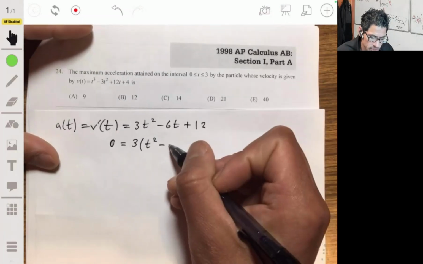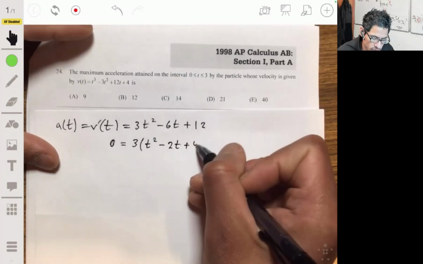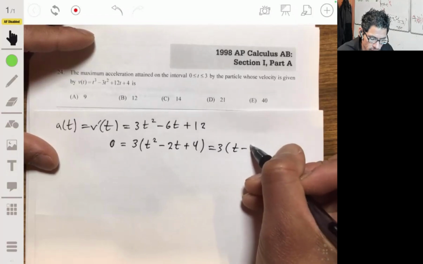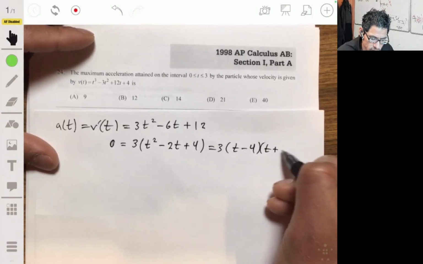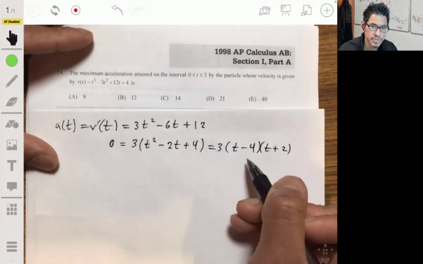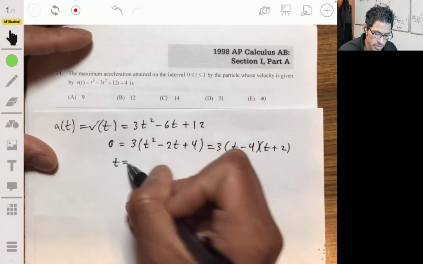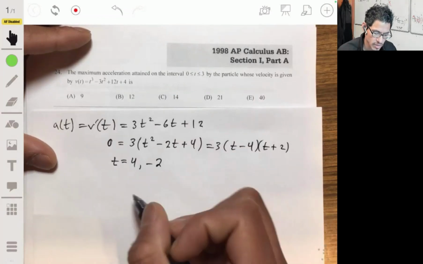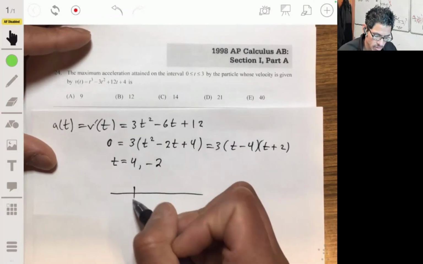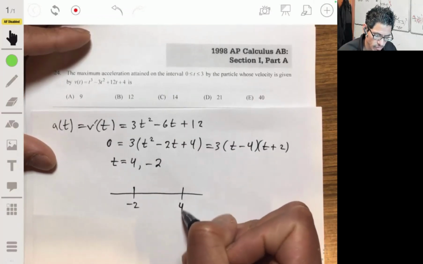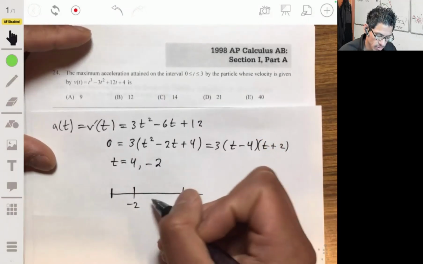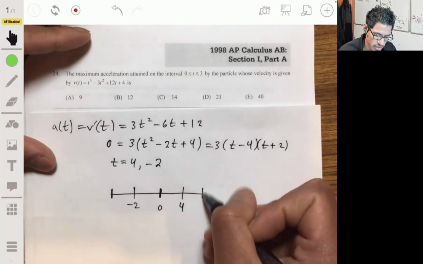We would get 3 times t squared minus 2t plus 4, which is factored further into 3 times t minus 4 times t plus 2. So zeros could potentially be at 4 and negative 2. We also want to study the endpoints at 0 and 3.